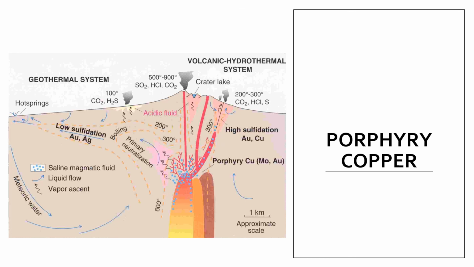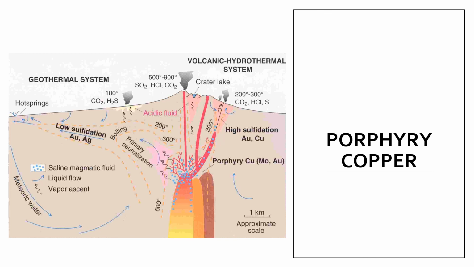Now for porphyry copper, here the story is you start with an intrusive body, and then you have your hydrothermal fluids which just circulate around and alter the surrounding areas.